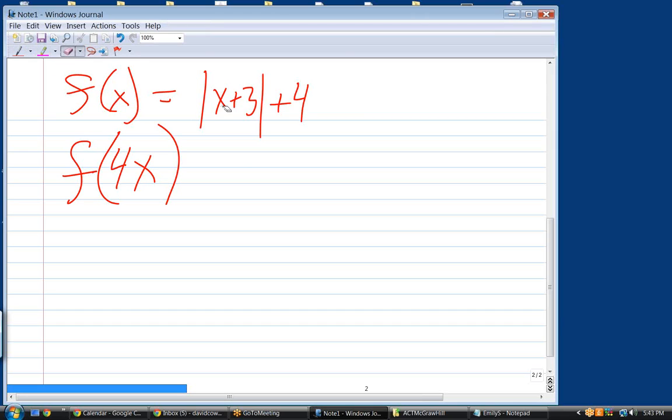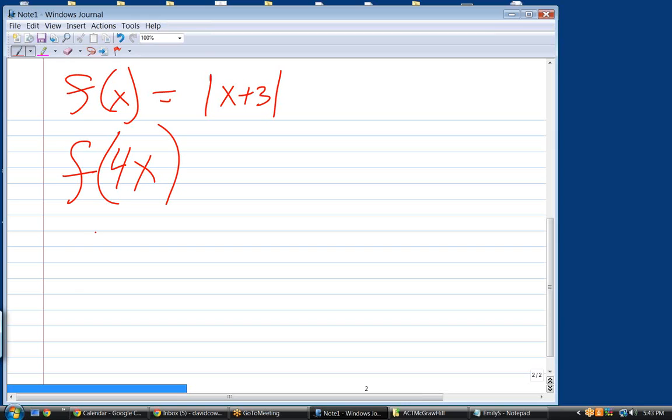Well, hold on. What was f of x? Absolute value sign, x plus 3, absolute value sign. Okay. And then they want to know what a horizontal stretch of 4 is. Yeah. Factor of 4.